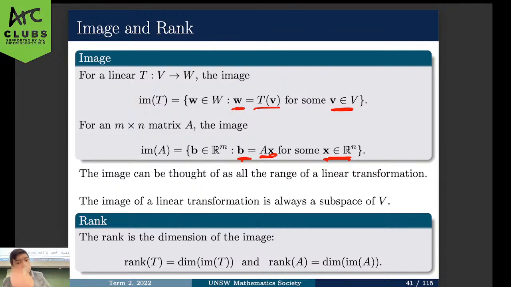Rank is similar to nullity, but instead rank is the dimension of the image. Rank is notated by rank, and image is notated by Im.